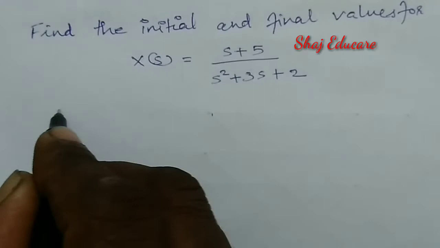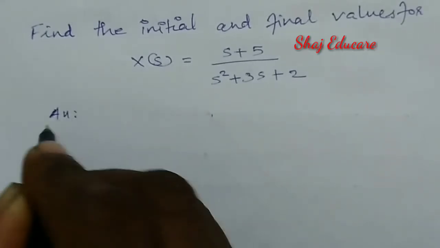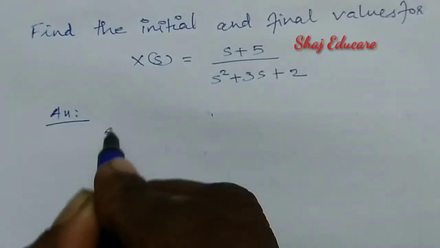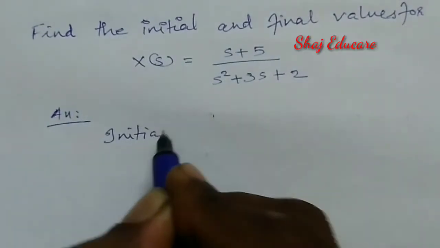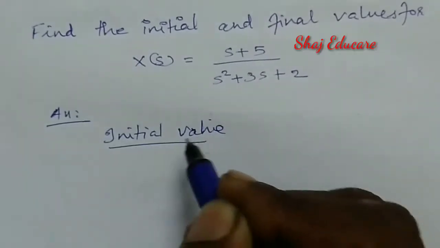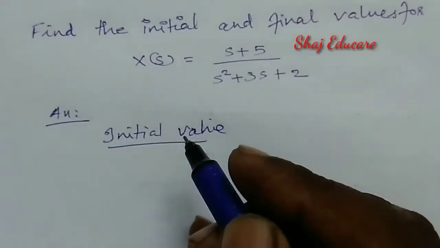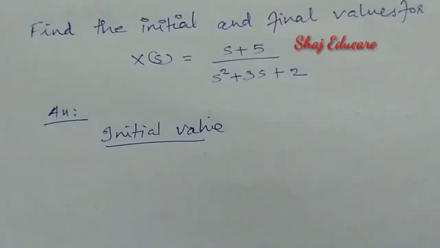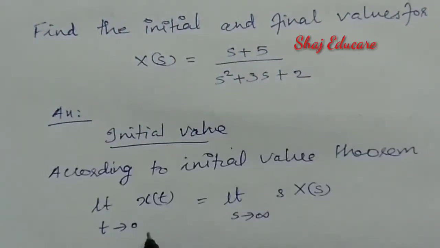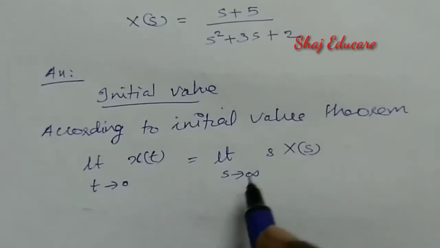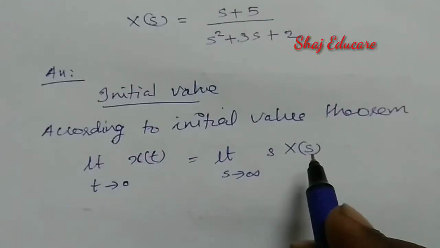Okay, now let us try to solve the question. First, let us solve the initial value. According to the initial value theorem, we know that the limit as t tends to 0 of x(t) is equal to the limit as s tends to infinity of s times X(s).